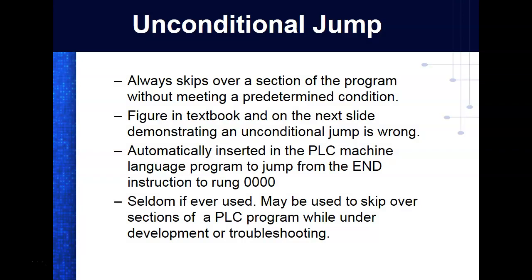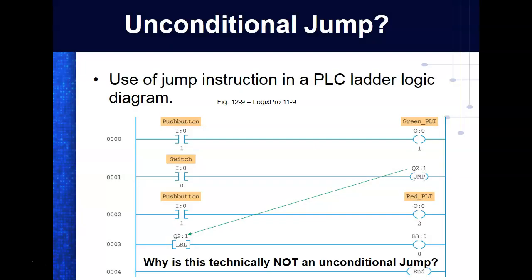The figure in the textbook demonstrating an unconditional jump is wrong. I mean, why? So here's the slide. Why is that not an unconditional jump? Yeah, this condition has to be met before the jump occurs. So this program will scan through here.